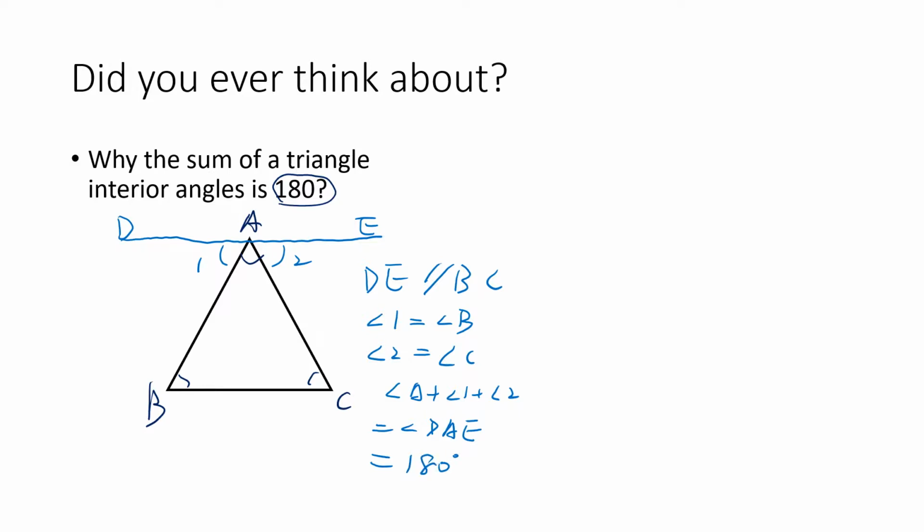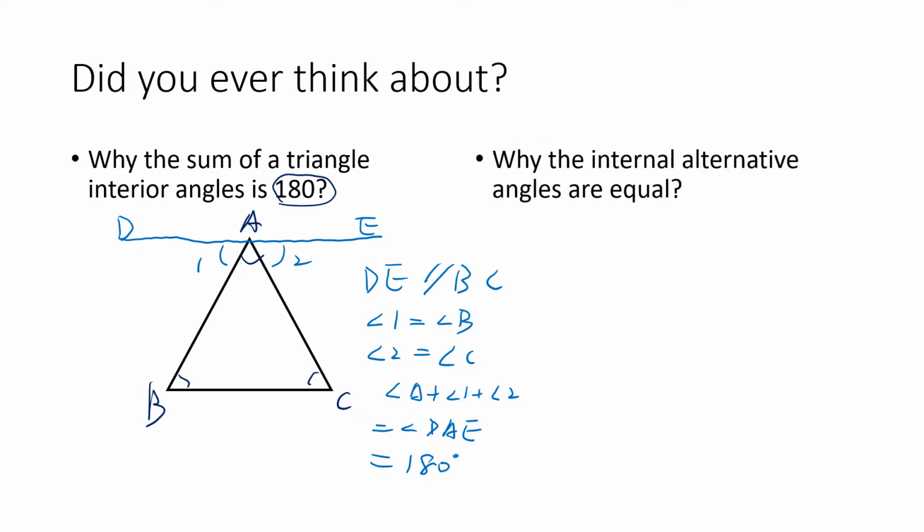Okay, pretty simple, clear. But I want to challenge you a little bit more on that. Did you ever think about why the internal alternate angles are equal? Which means, why is angle 1 equal to angle B? Did you ever think about that?